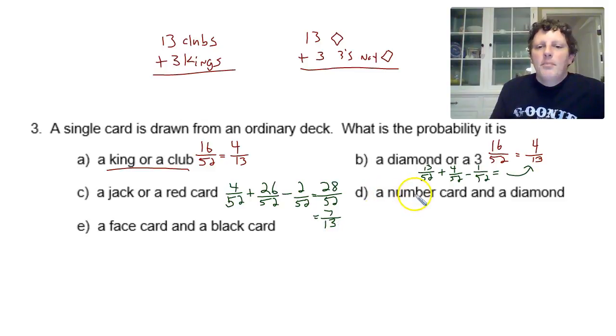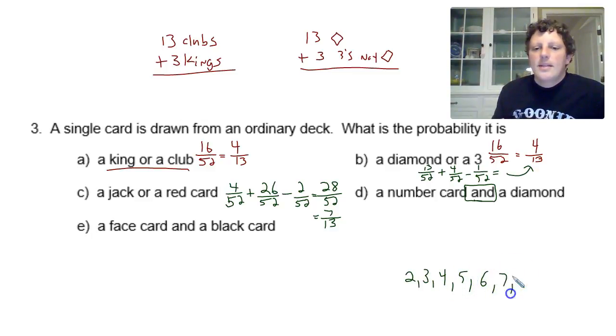D, a number card and a diamond. Right now, and is not like or. It has to be a number card that is also a diamond. Let's do a little thinking. Number cards in my book do not include aces. So we've got 2, 3, 4, 5, 6, 7, 8, 9, and 10.